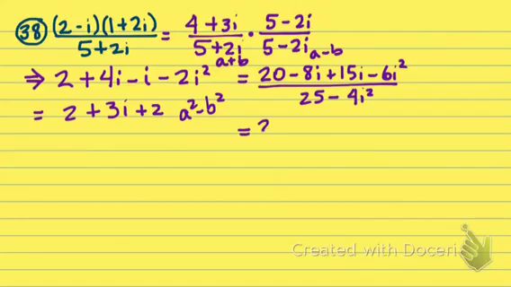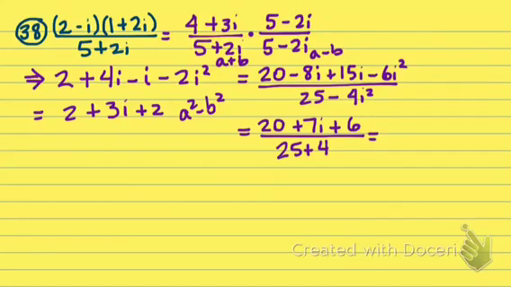So on the top, I've got 20, and then minus i plus 15i is plus 7i. And then the minus 6i squared, remember, is really just plus 6. Over, on the bottom we have 25, actually plus 4 because that's an i squared again. That's going to change the sign of what it's attached to.